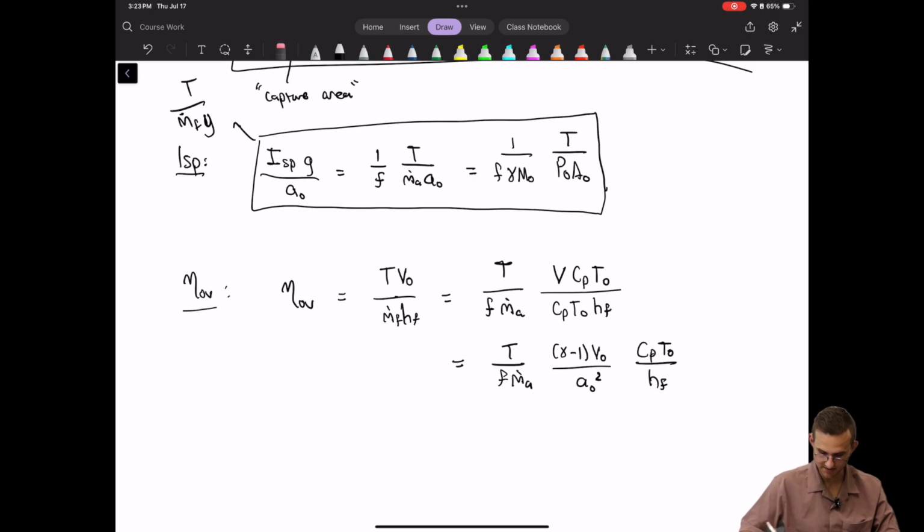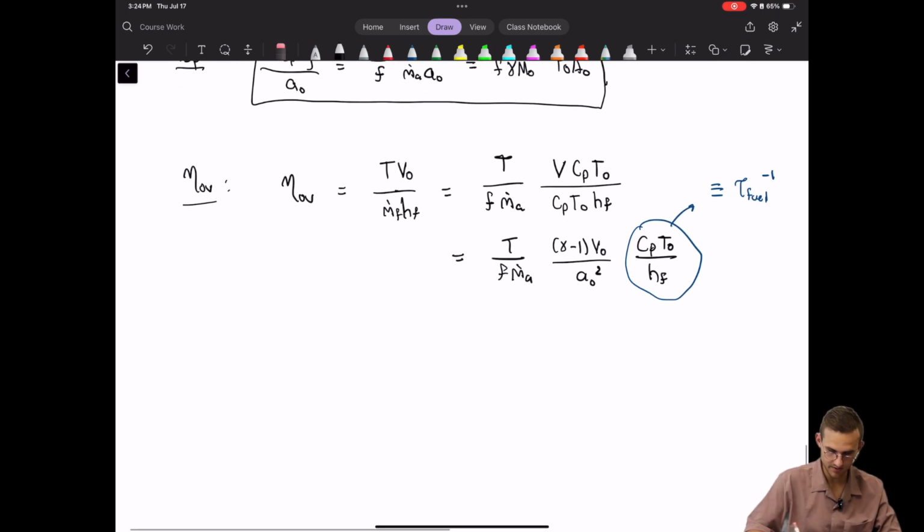This thing is also an important metric that you'll see over and over again. It's called tau fuel, but in this case it's actually inverted. You'll see tau F, or tau fuel, is an important metric for engines.